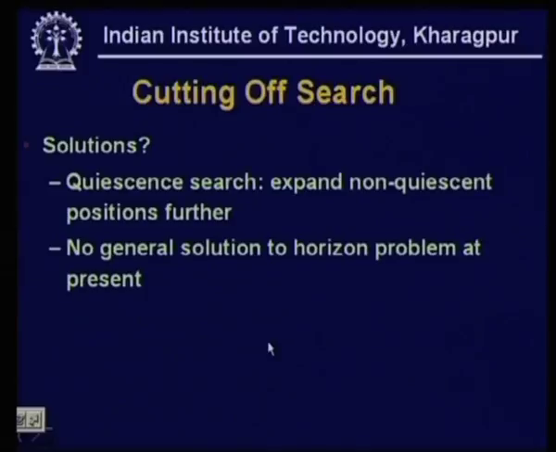So, what is the solution? When people write game programs for quiescent search, instead of cutting off the search at a fixed depth, the good game playing programs evaluate those positions which need to be explored further, because you expect a change in the backed up values if you explore the search tree, and there are some positions whose value is unlikely to change when you explore the tree further.